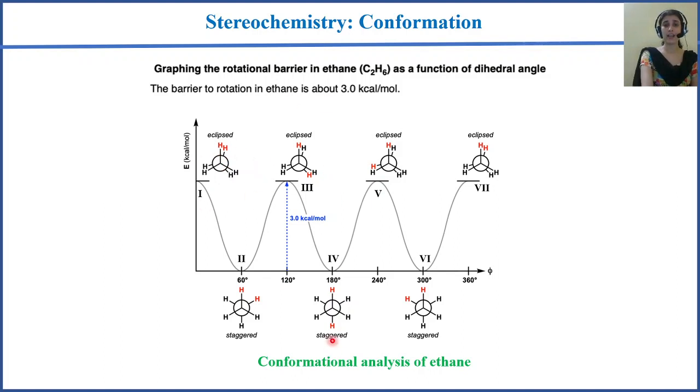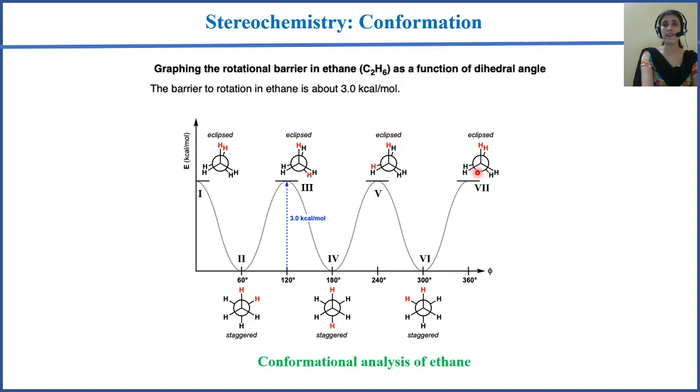And again, we are labeling this hydrogen in red color so that you can view it clearly. So this hydrogen again goes over here after 60 degree rotation, and we will get this one, and this hydrogen again goes over with 60 degree rotation to get the staggered conformation. And after 360 degree rotation, we will get the similar eclipsed conformation like 1.